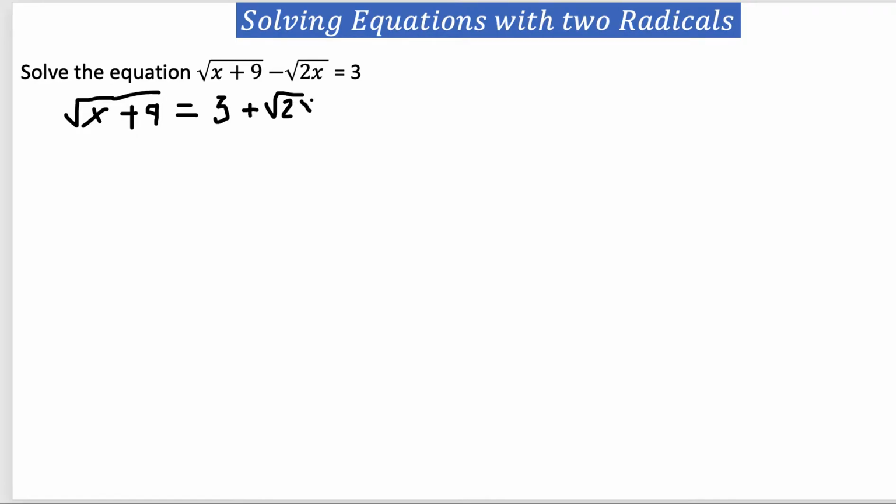Now what I'm going to do is square both sides. If I'm squaring both sides, then here is going to be the square root of x plus 9, squared, equals 3 plus square root of 2x, squared.